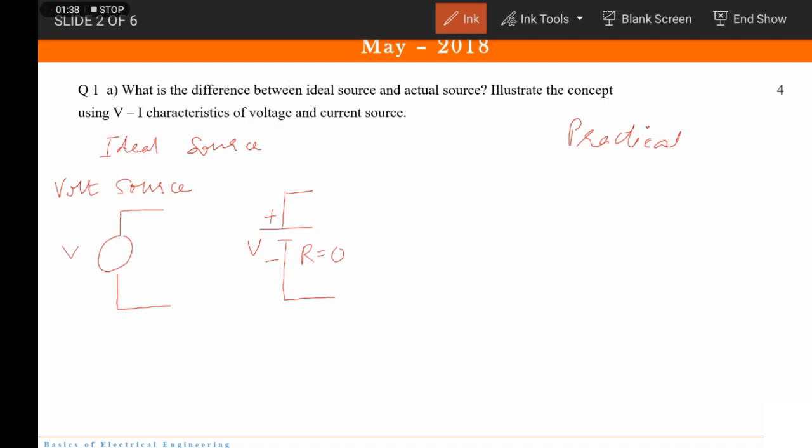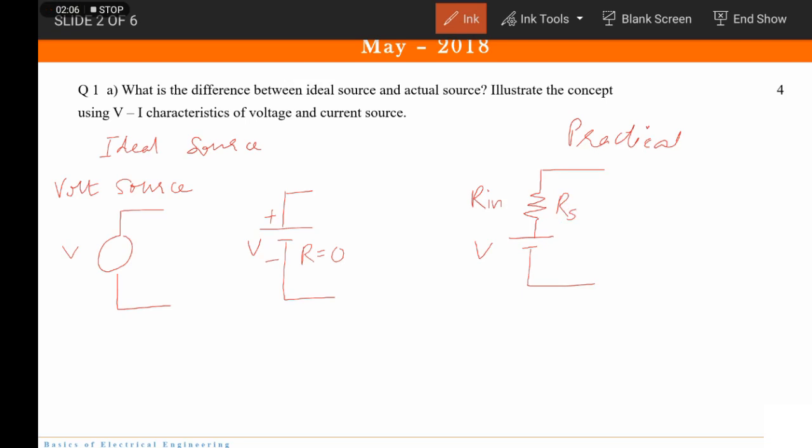However, we know that nothing can be truly ideal. So if it is a practical or actual source, it has some amount of resistance. This is how we represent a practical voltage source, which has a voltage V and some internal resistance, also represented by RS, called the source resistance.